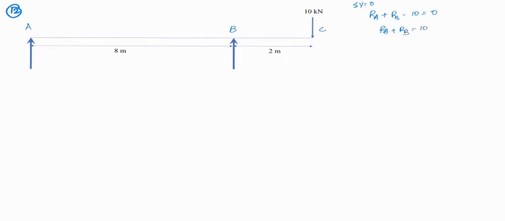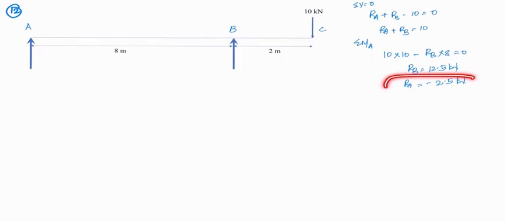Now taking moments about A, sigma M about A, I get 10 into 10 meter in the clockwise direction minus RB into A is equal to 0. From here I get the value of RB as 12.5 kilonewton and RA as minus 2.5 kilonewton.